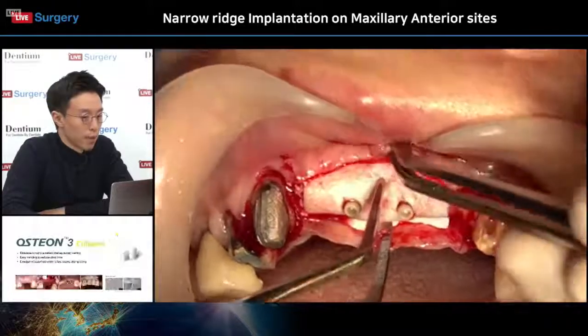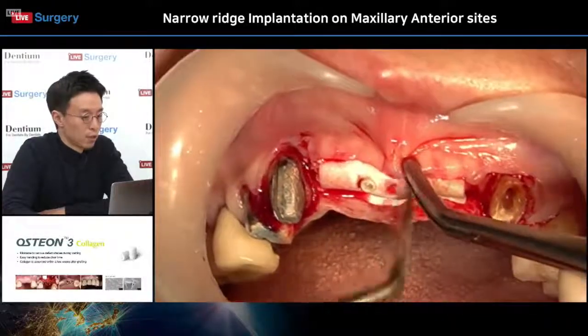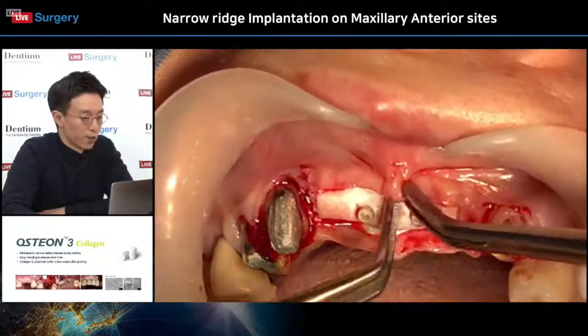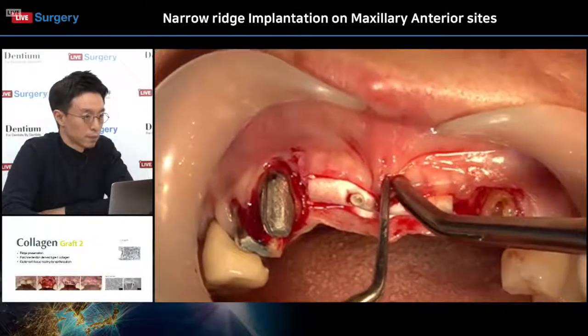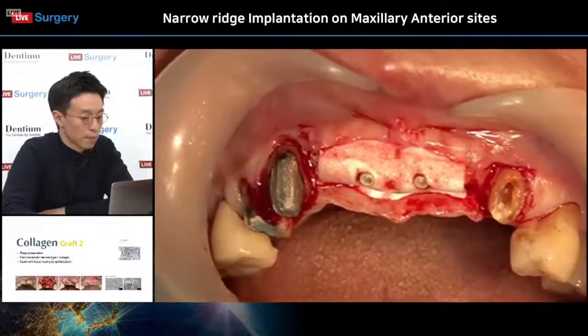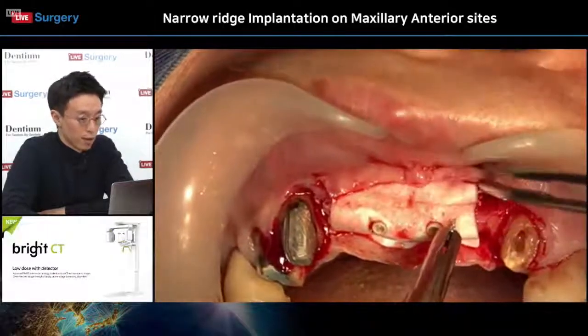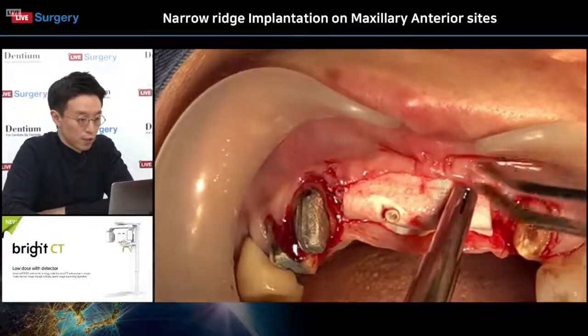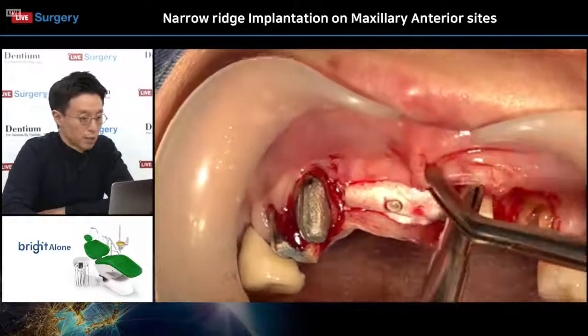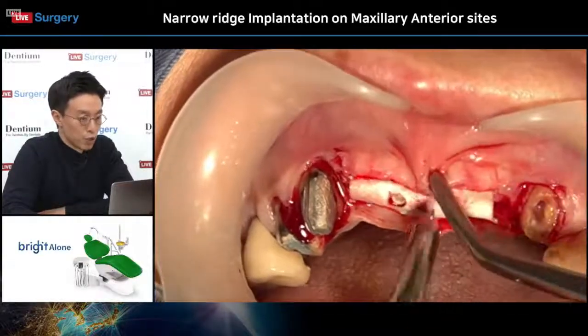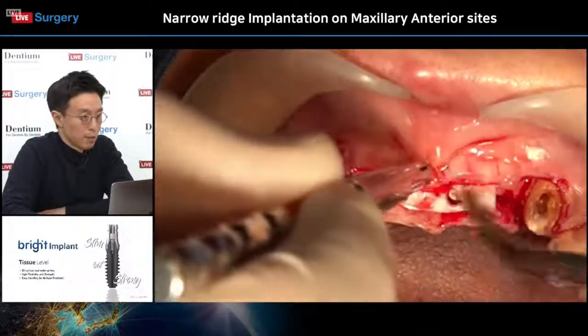Cutting and pressing a membrane or collagraft over the healing abutment and fixture is another option. The collagen membrane and collagraft have sufficient mechanical strength to endure repeated manipulation.